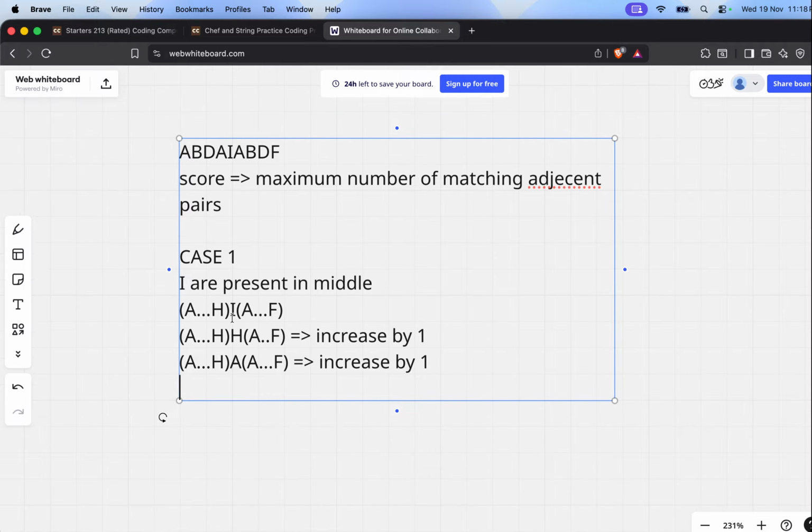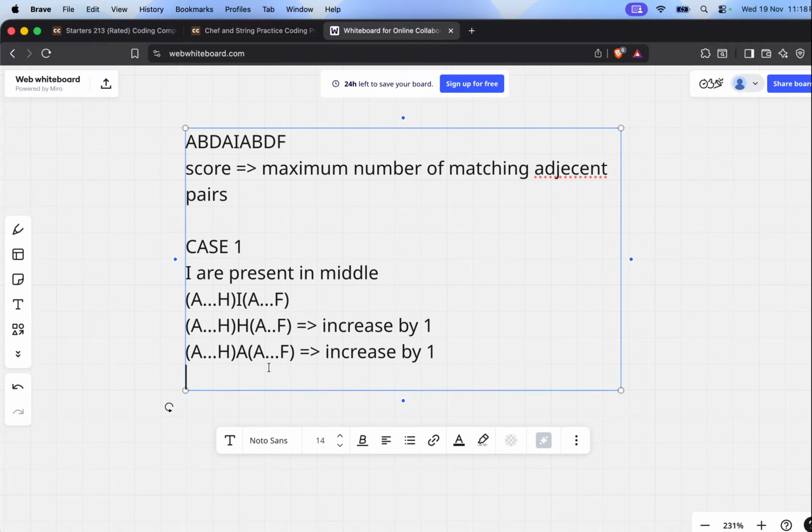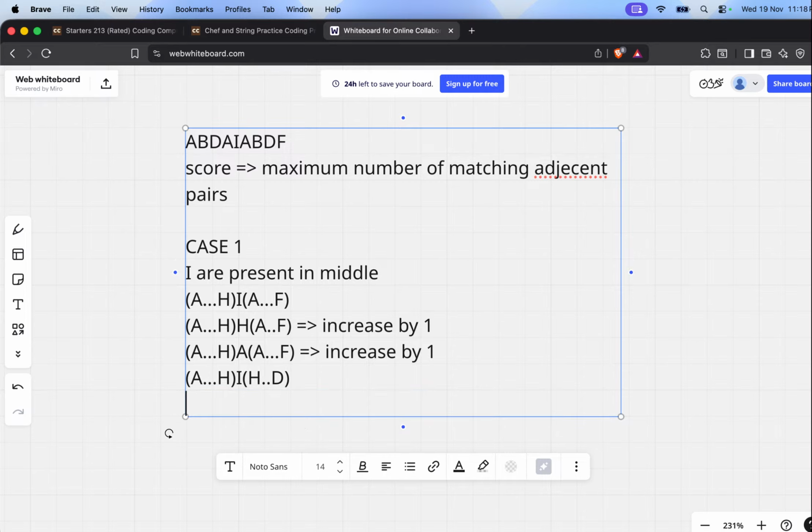Okay, so if I is present in the middle, what is the third scenario? The third scenario is the left matching and the right matching character are the same. Okay, in this scenario, if we replace it with H, the increase is of 2, and if we replace with any other character, the increase is of 0.